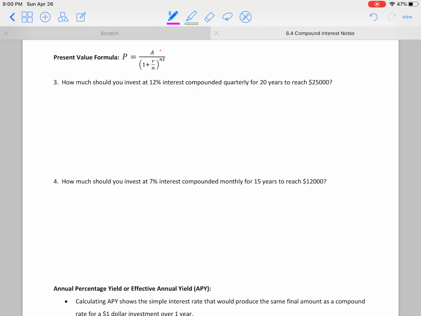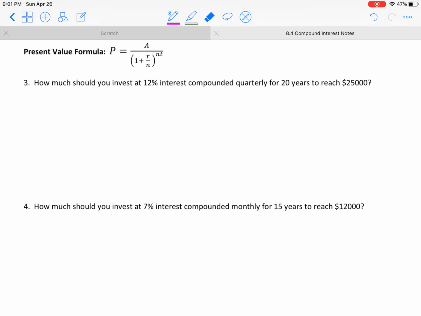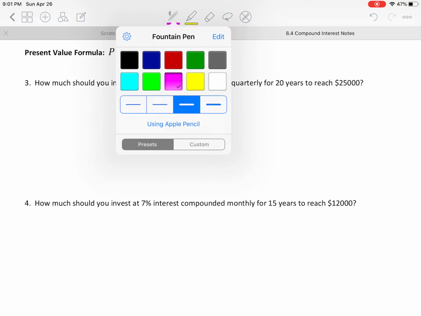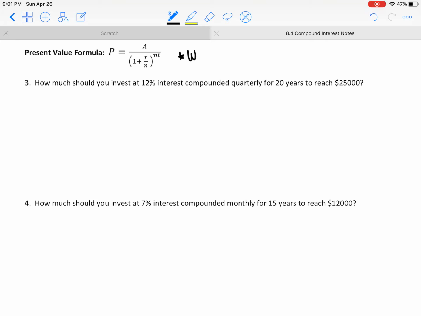So if I divide by 1 plus r over n to the nt power, all that cancels, leaving you P, and then it has A over that part. So there it is: A over what we had on the other side of the equation before. It's using the formula in reverse.